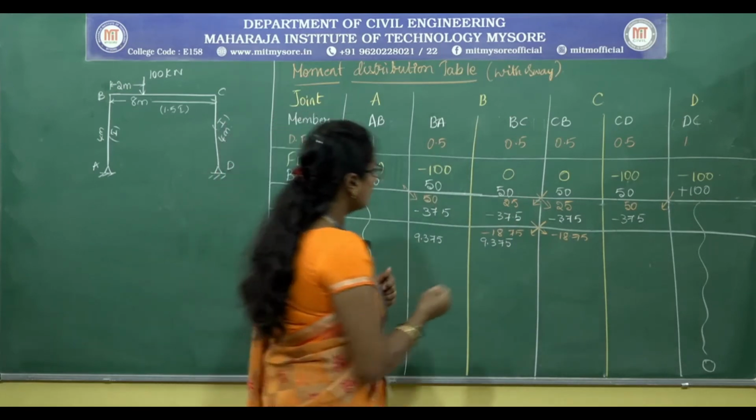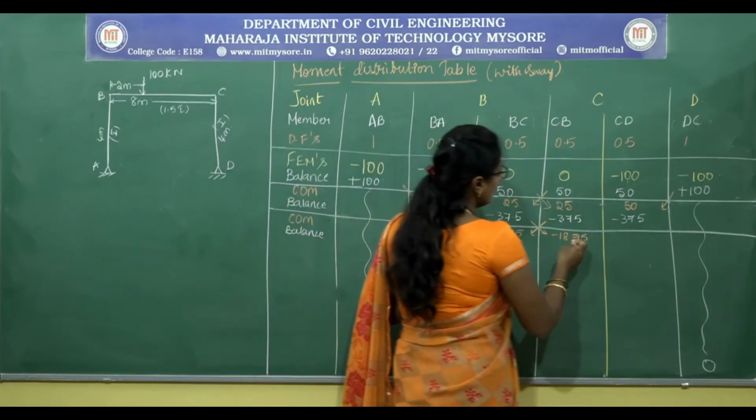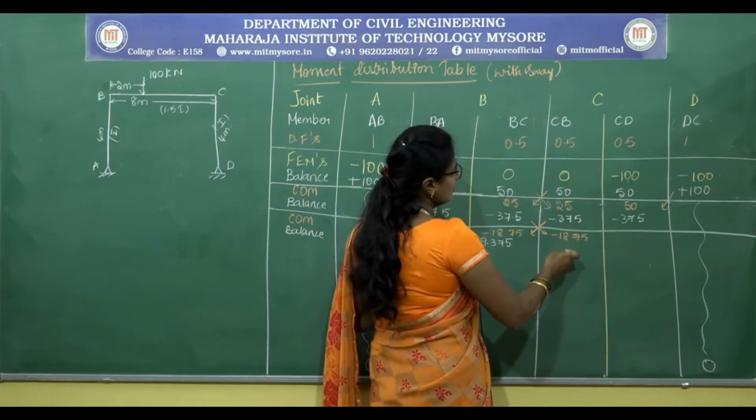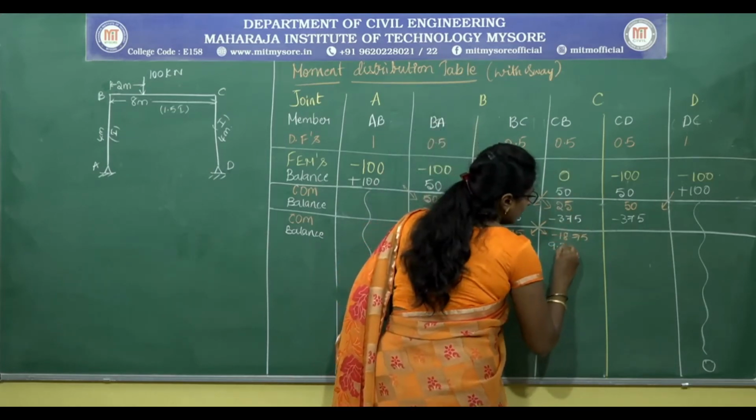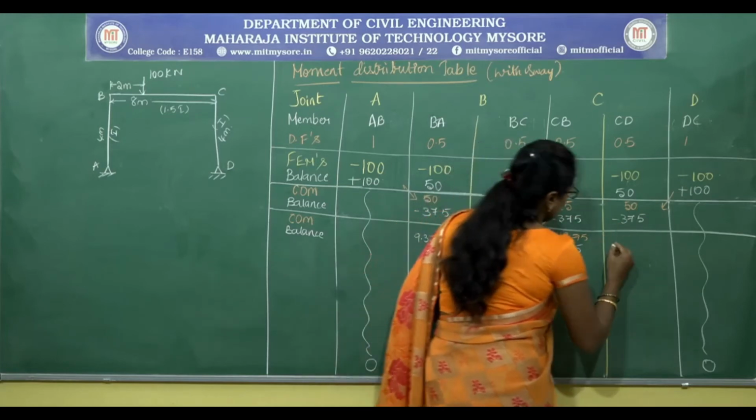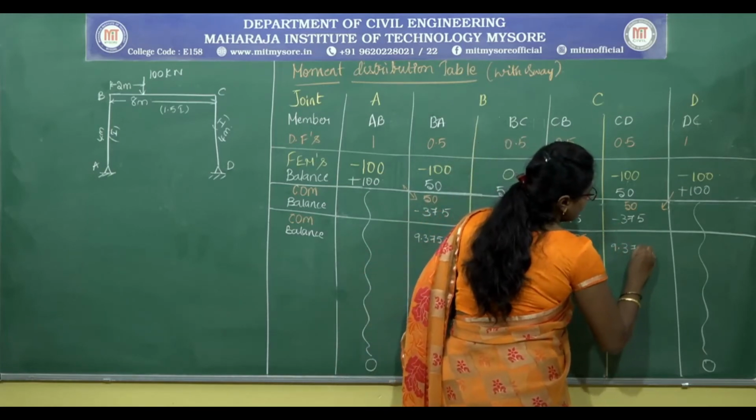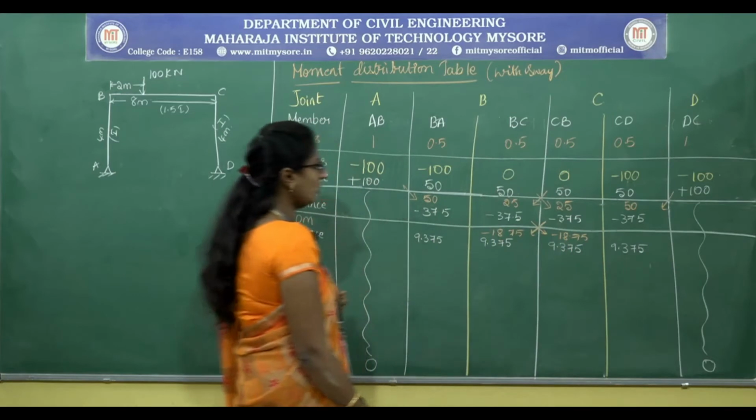Then even here minus 18.75 is the unbalanced moment. To balance this, plus 18.75 multiplied by 0.5 will give you 9.375, and this is also 9.375.